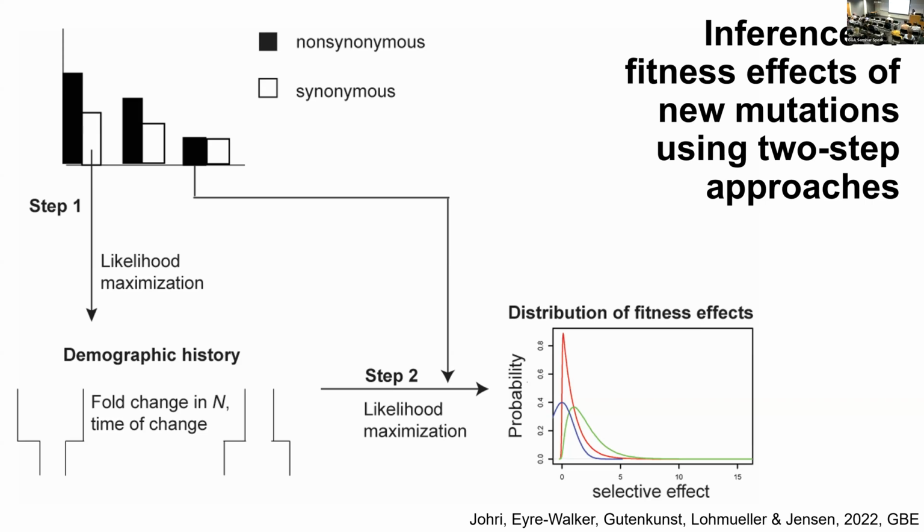Then you condition on that population history and use the distribution of alleles from non-synonymous sites to predict what kind of fitness effects those non-synonymous variants might be experiencing. But these approaches assume that every site is evolving independently of each other, so it's a single locus model.